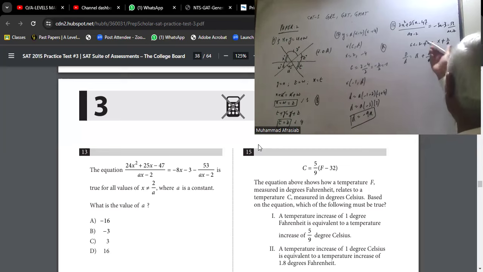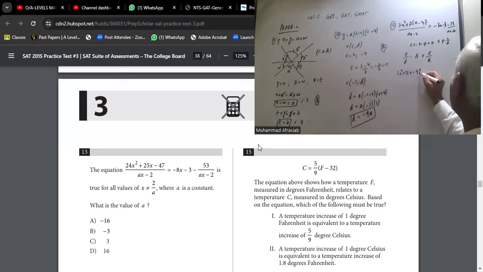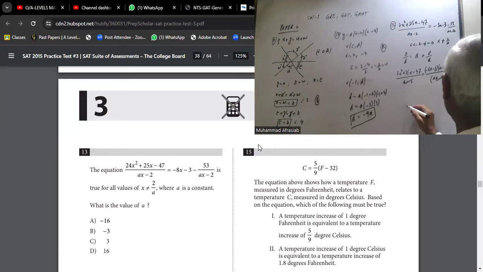Now we can simplify it. (2x² + 25x − 47)/(ax − 2) is equivalent to −8x − 3 plus −53 over (ax − 2), so multiplying through by (ax − 2), this and this value are going to cancel out.